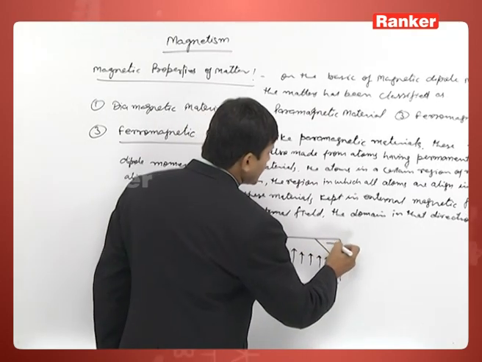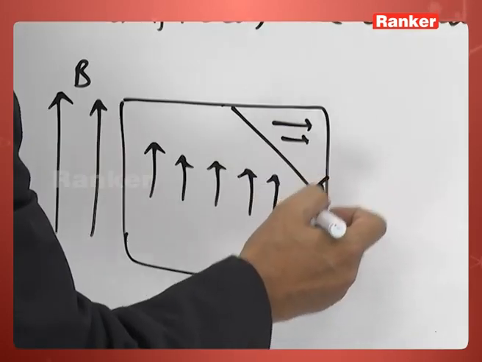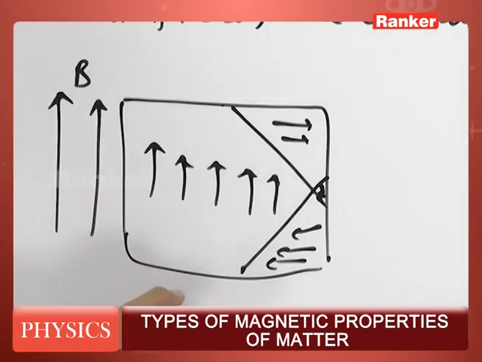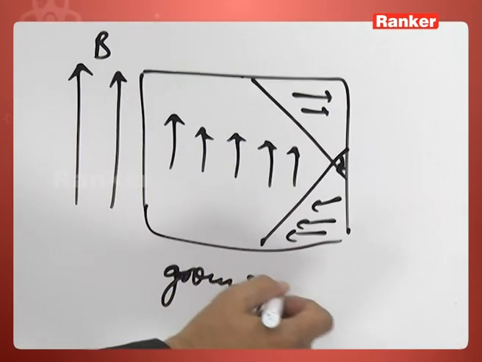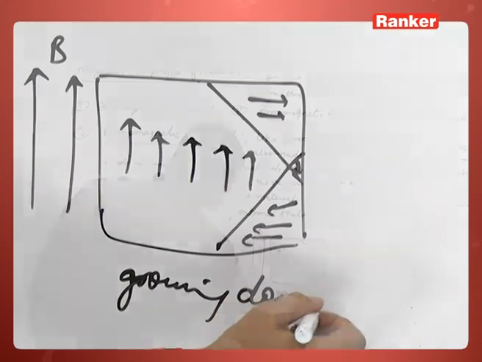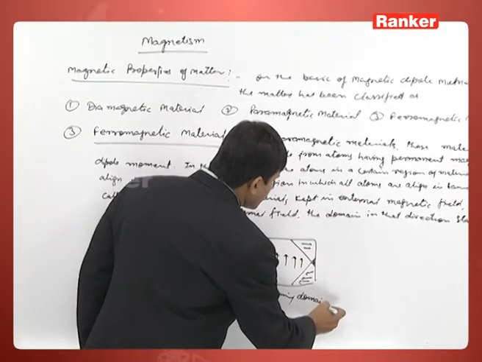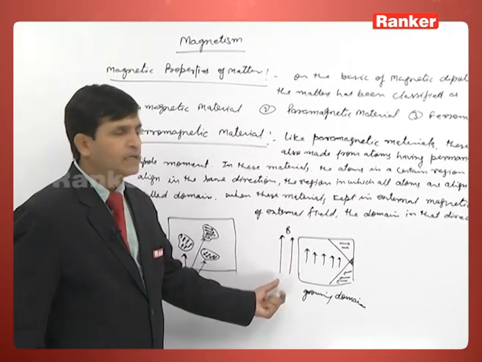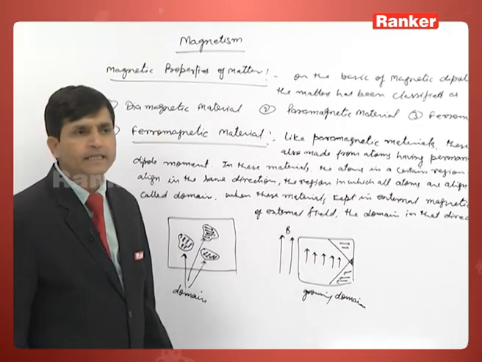So here it can have that direction and here the reverse direction. So this is called growing domain. As we increase the external magnetic field, the size of the domain increases.